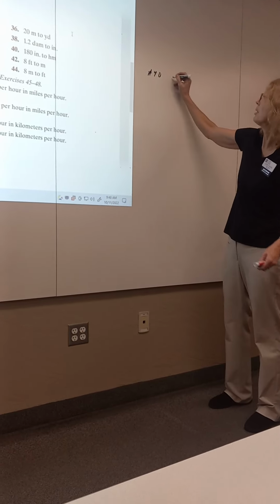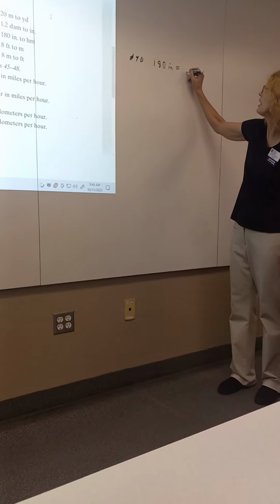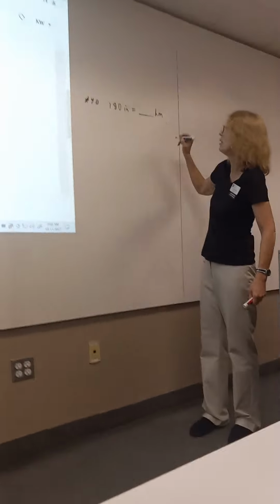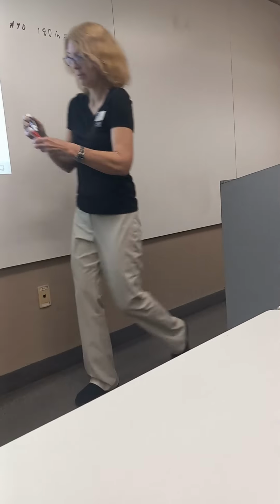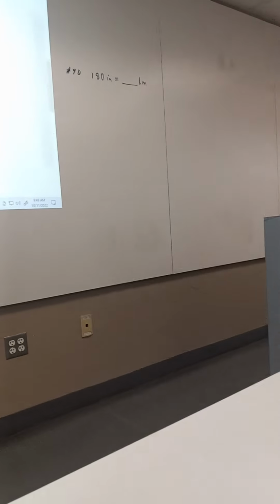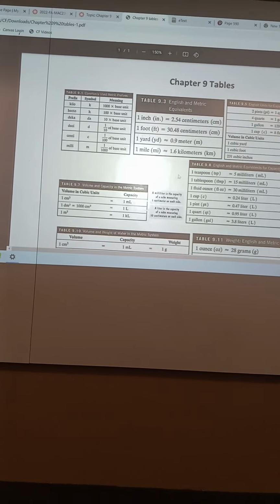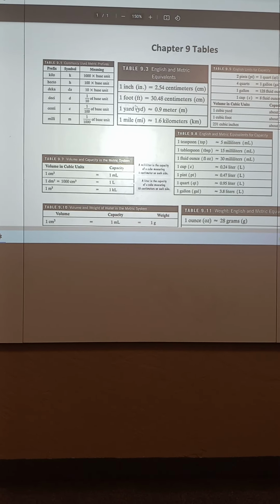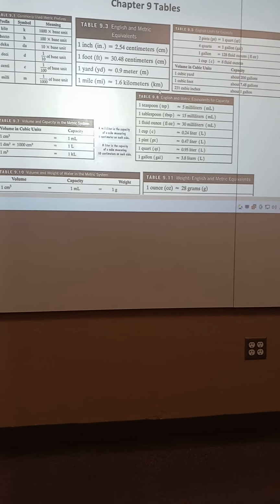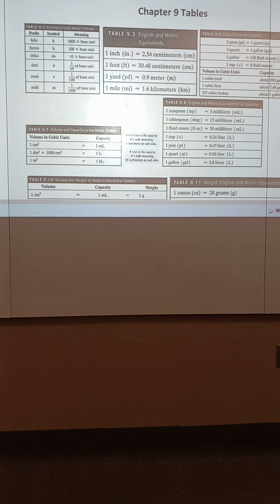So number 40 here in our text says we have 180 inches and we want to convert this to hm, hecto. Now, in my handy dandy tables, I do not have any conversion that goes from English to hm. I have other things, but I do not have this hm.